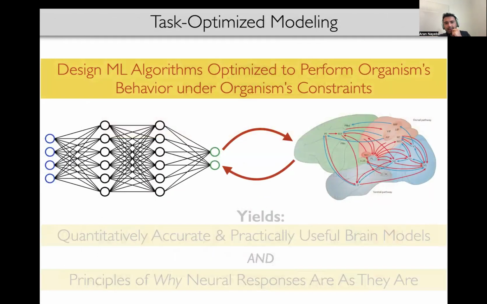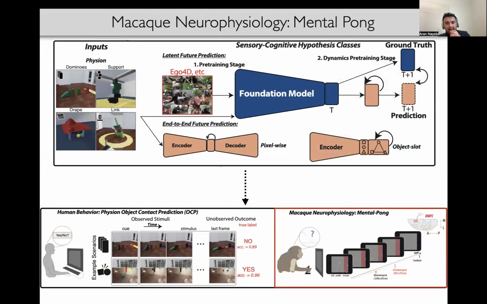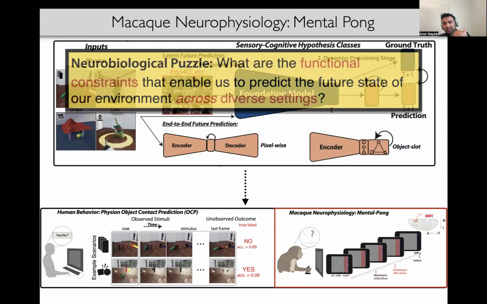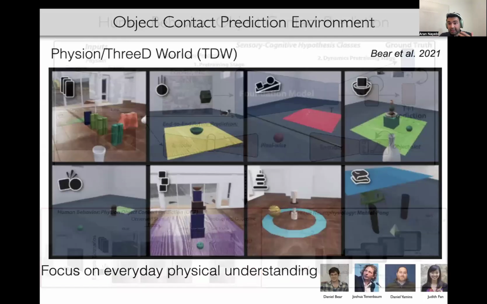So going back to this, now that we've isolated these constraints, what does it give us? Well, like I said, we want to look at this across diverse settings. So we also wanted to look at held-out behavior on more naturalistic scenes, where we can collect human behavior.